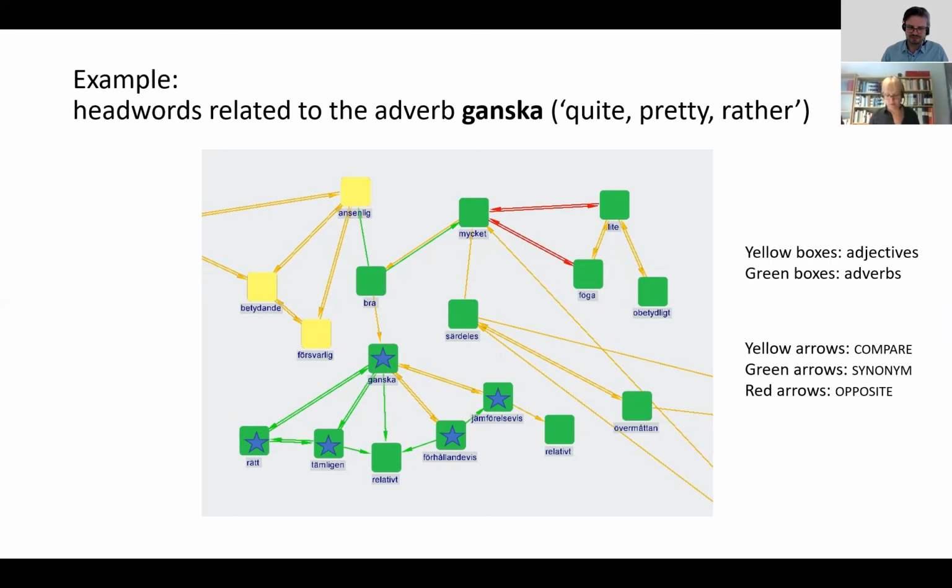The adverb relatively is also introduced as a synonym to ganska. But there are no cross-references from relative to ganska or from relative to any other headword in the dictionary. In other words, the adverb relative could be more clearly related to other adverbs in SO.